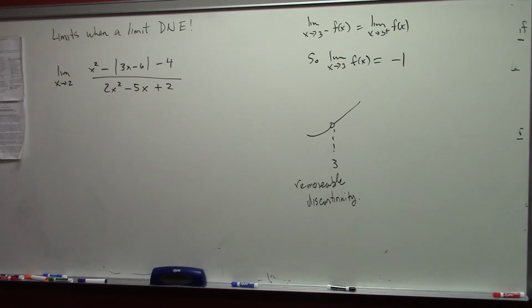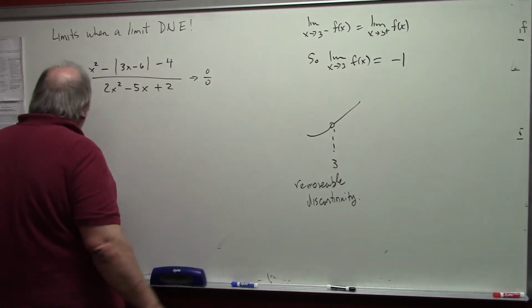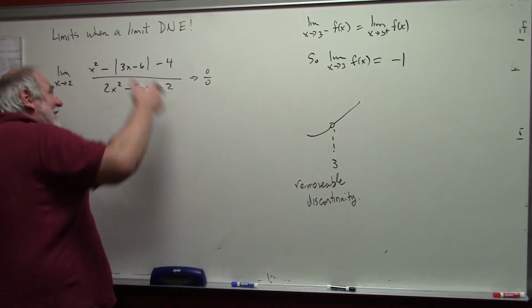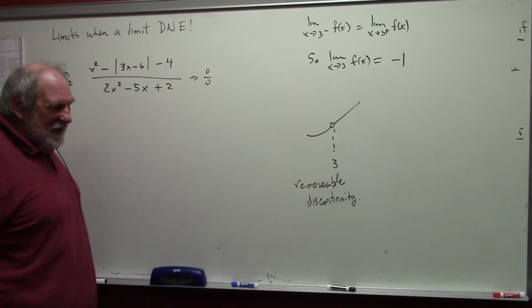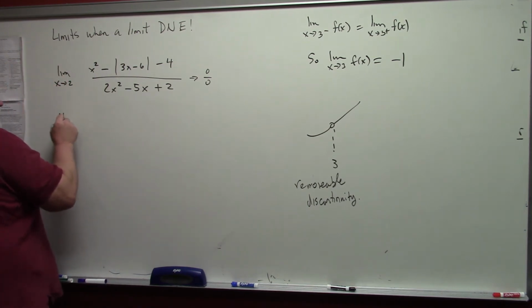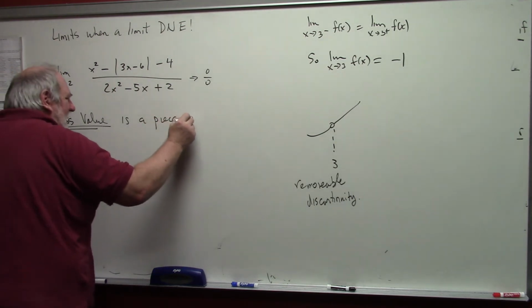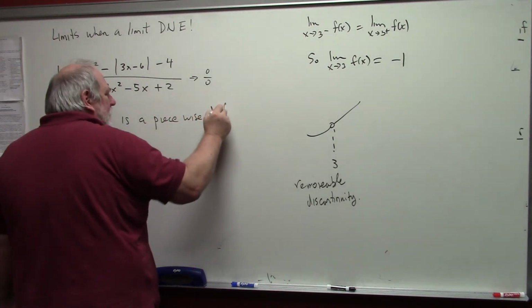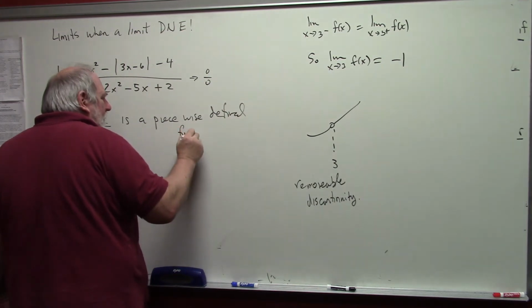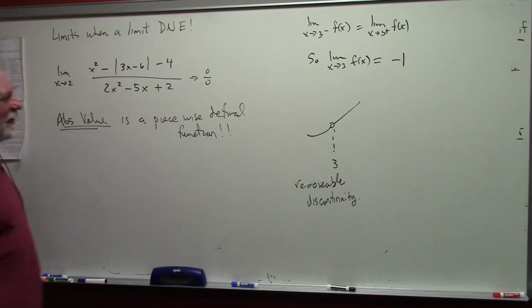Okay, again, this is indeterminate, so we're going to have to do some work here, but the absolute value is a piecewise defined function. Remember, absolute value is a piecewise defined function. So that means this thing is going to have to be considered using one-sided limits.